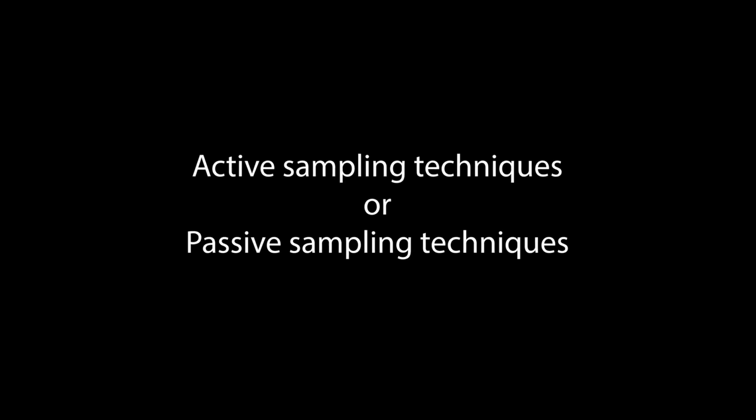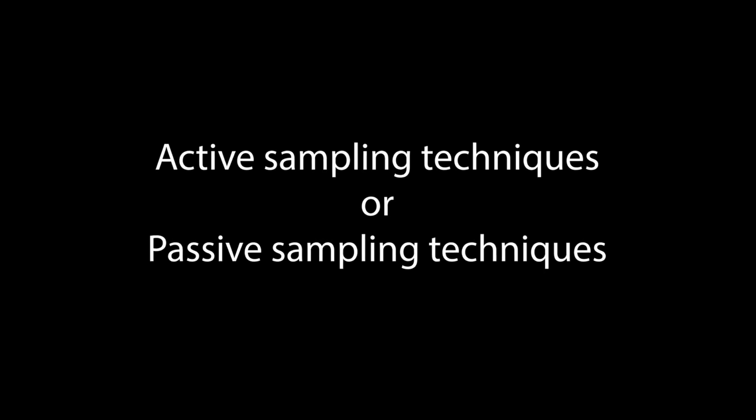So in this week's workshop, we will look at an overview of the major insect collection techniques. There are basically 2 major collecting approaches to sampling insects: active collecting and passive.